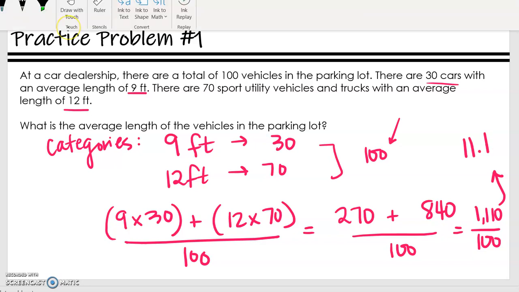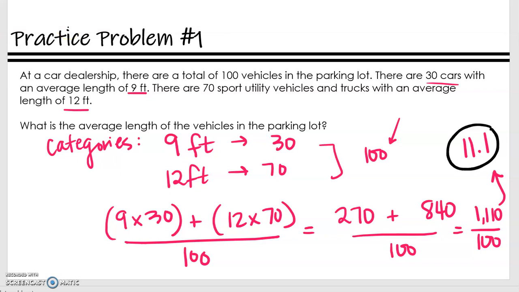And that means that my average vehicle has a length of 11.1. Again, is that number between our categories 9 and 12? Yes, it is, so that makes sense. And again, it's going to be closer to the 12-foot range because more of the cars are that length. So this right here would be the answer to the average length of vehicles in the parking lot.